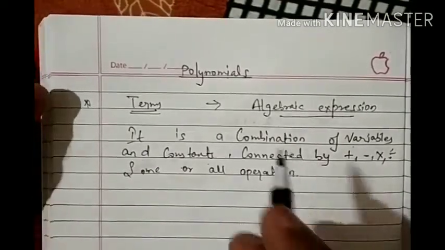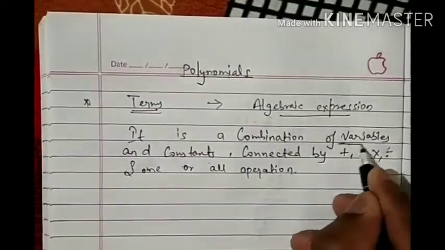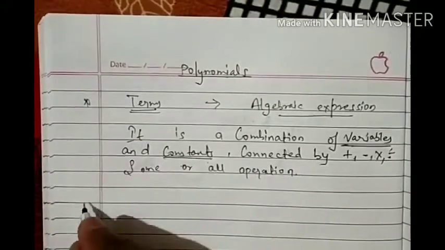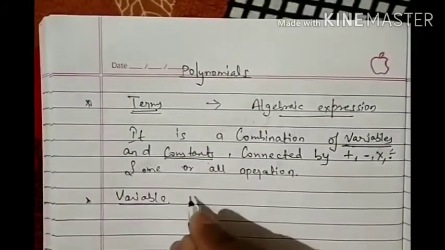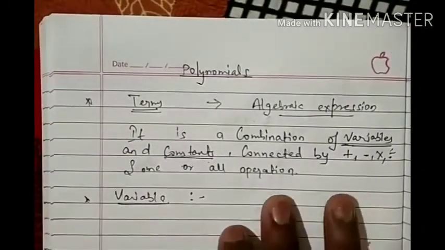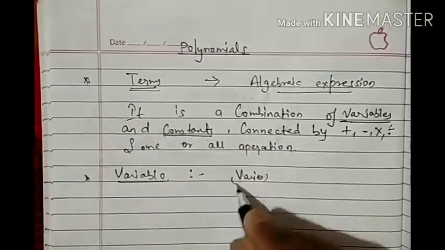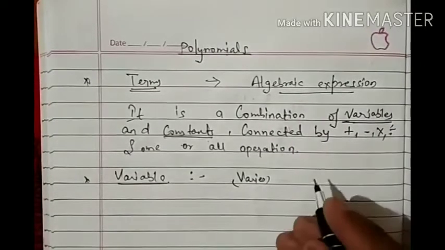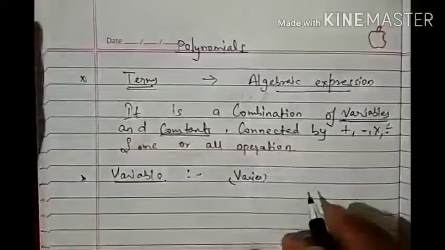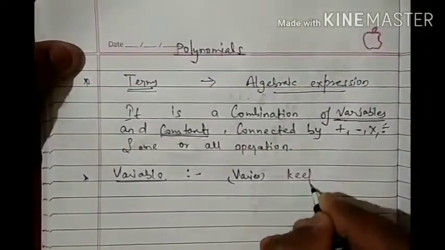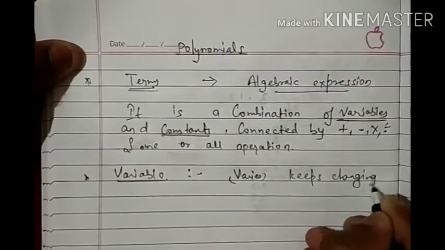Now in algebraic expression we came across two terms, that is variable and constant. So let's understand what is variable. The word variable means varies, which means keeps changing.